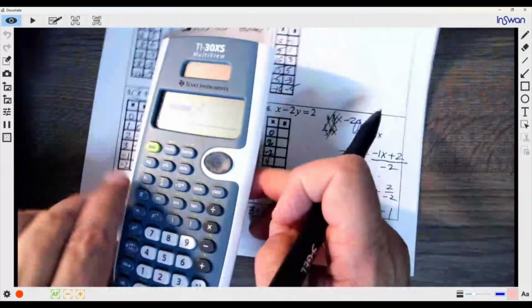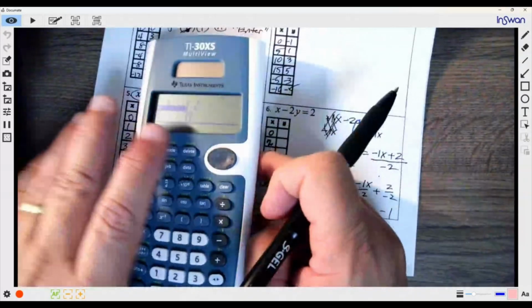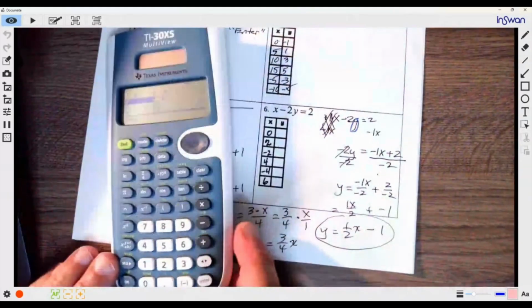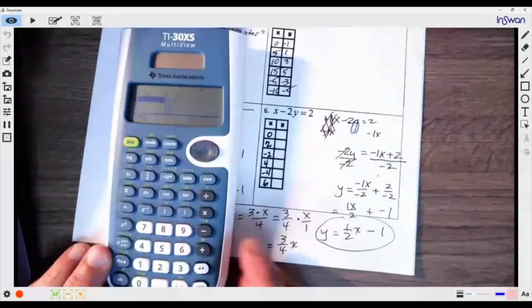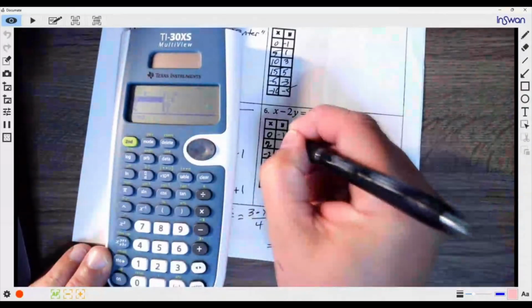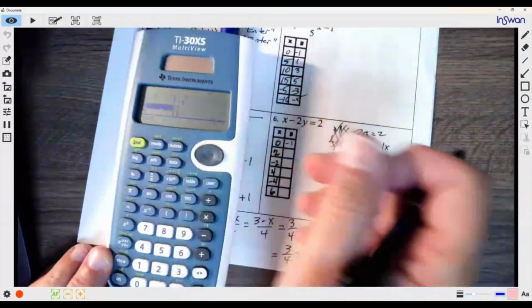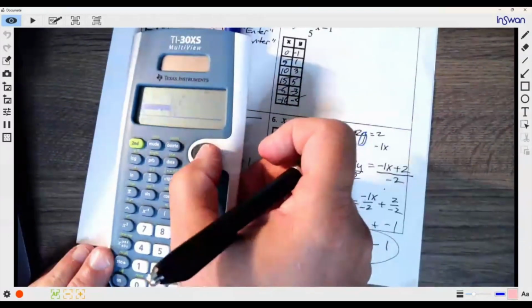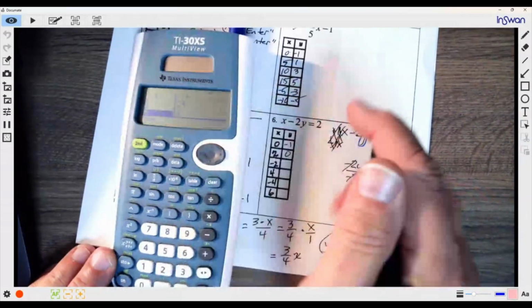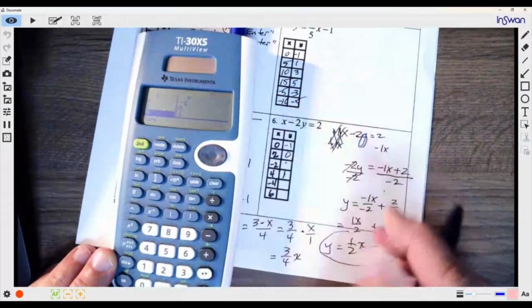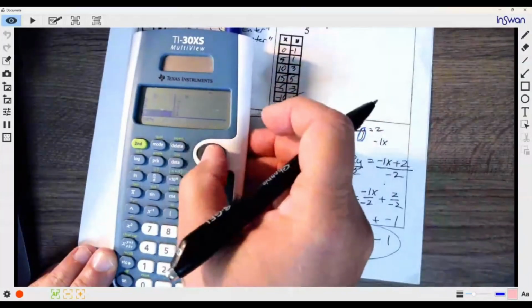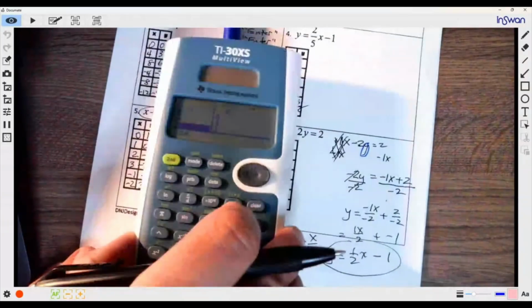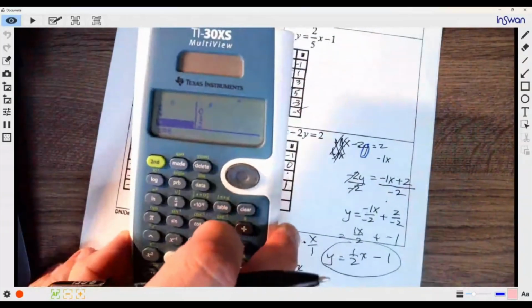Okay, so at 0 we have -1. At 2 we have 0. At 4 we have 1. And at 6, okay, see that? At 6, we have 2.